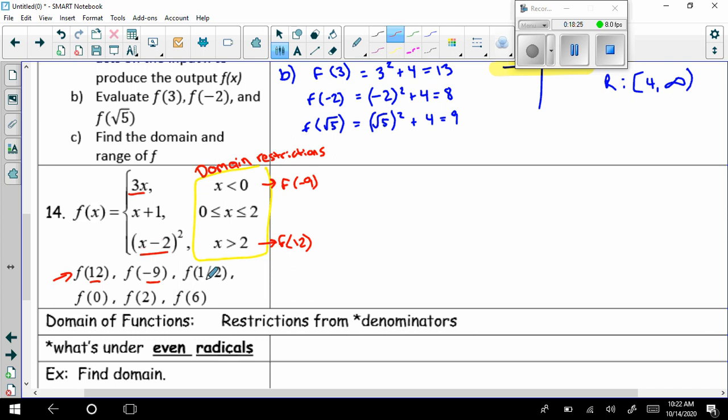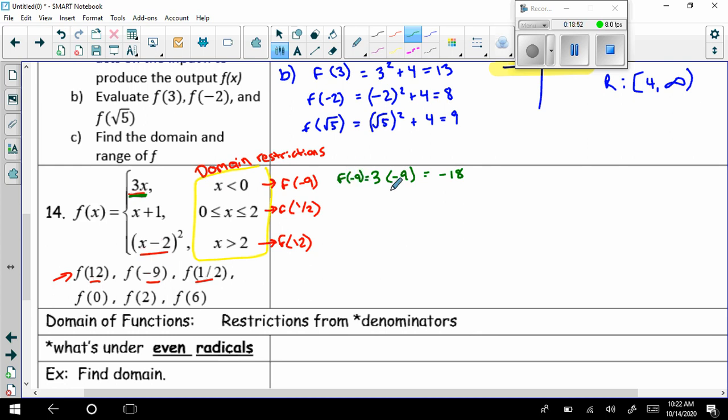All right. f of 1/2, that fits in between. So that gets plugged in here. And so what I mean by plugged in is this is the function within this domain. Okay. So when I'm plugging in negative 9, I'm going to do 3 times negative 9. And so I get negative 18. And this is f of negative 9.